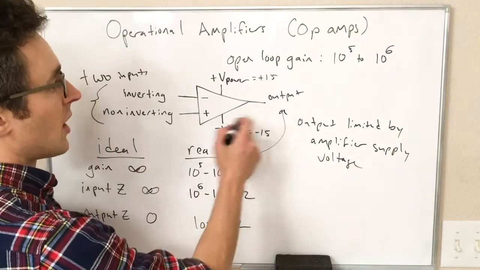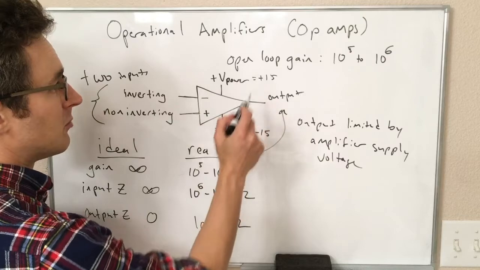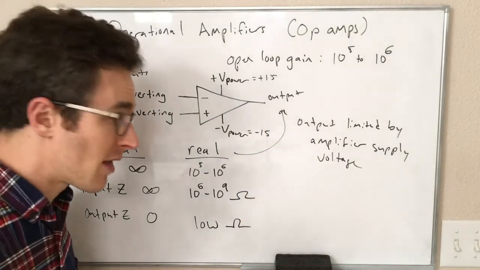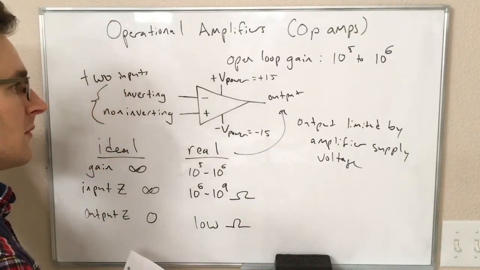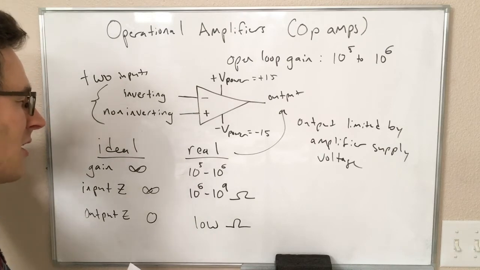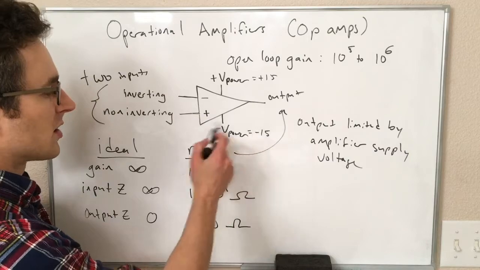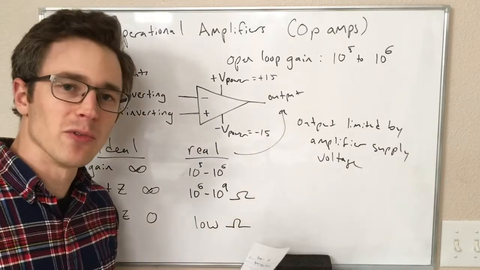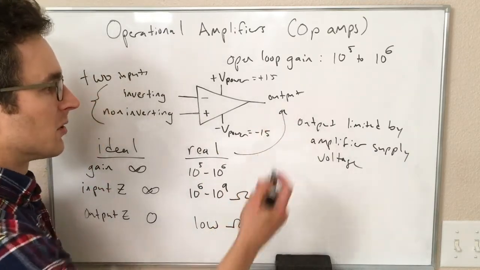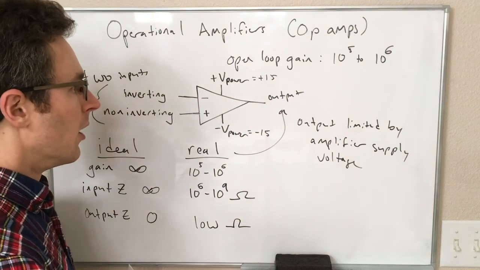The output of an op amp would ideally be limited between plus and minus 15, but even that doesn't happen because of how op amps are designed. Most cheap op amps can only get within a couple volts of that, so 13.5 volts or something like that are typical limits on the output.